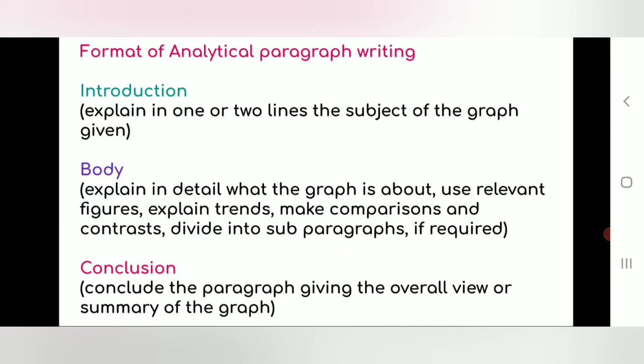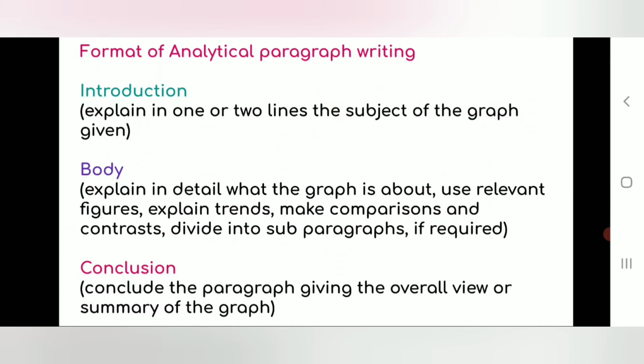Now if you take the example of COVID-19, from the month of January till the month of June, 6 months would have been given to you, so that is also shown in the graph. This type of graphs will be given, and you have to use relevant figures which are already given in the graph only. You should not use your own figures there. And you have to explain trends, make comparisons and contrasts, and divide into sub-paragraphs.